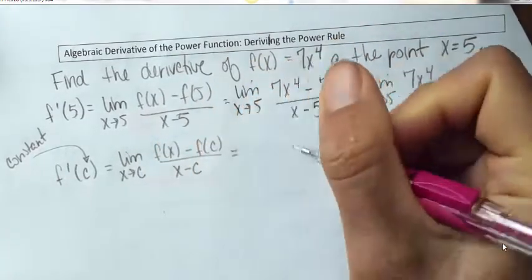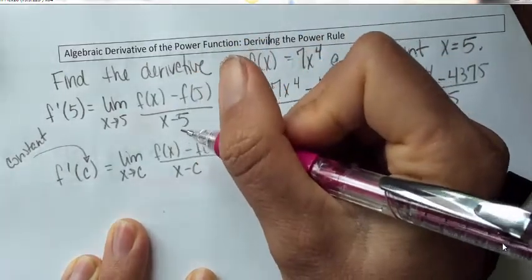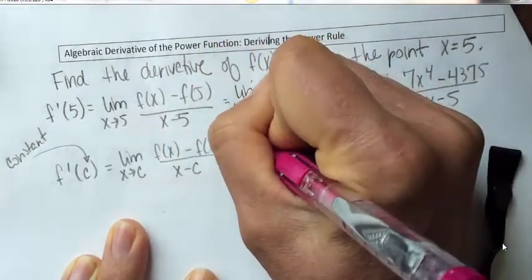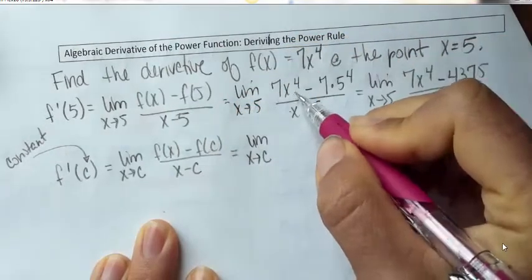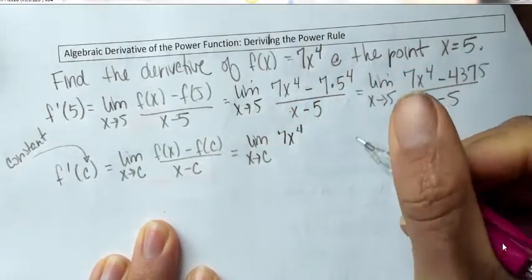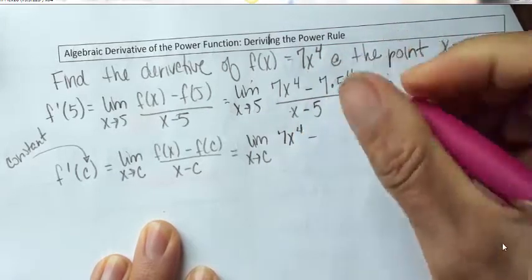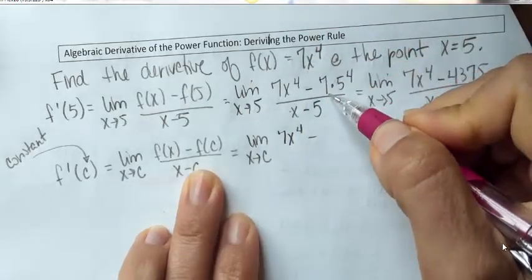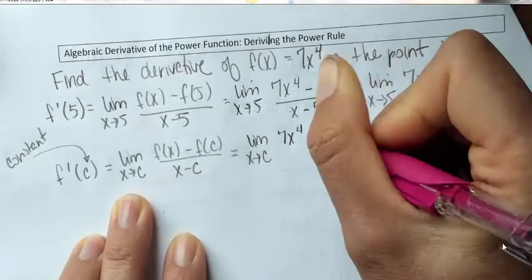Then what I do is I go ahead and plug in my function. So now this is the limit as x goes to c of f of x, which is 7x to the 4th, because that's what the function is. And then instead of f of c, just like here we plugged 5 in for f of 5, now we'll plug c in.